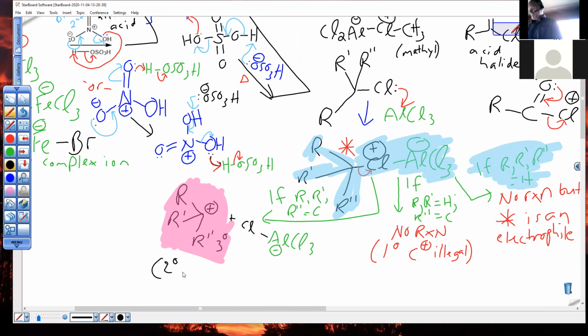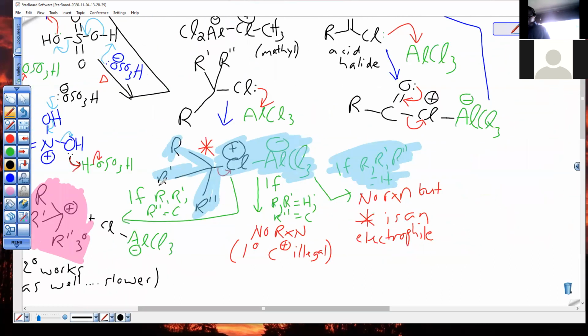Secondary works as well. Caution though, slower. Secondary cations are slower. Notice there's no reaction if primary, because you can't make a cation there. You'd say methyl, worse story, right? No. Methyl's okay. You just use this as your electrophile.